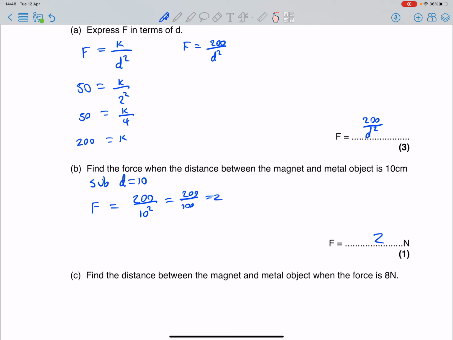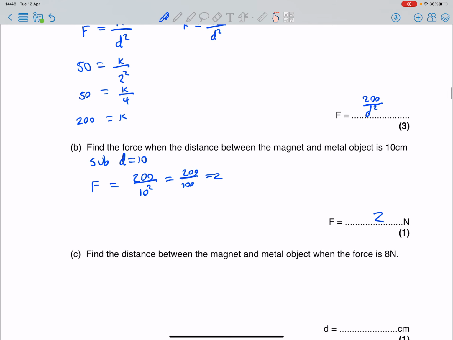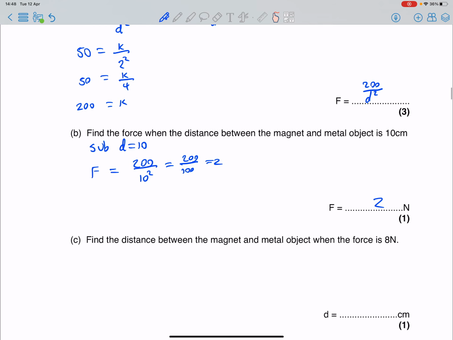And it says find the distance between the magnet and the metal object when the force is 8. So we substitute this time F for 8. So we write 8 equals 200 over d squared, which is our formula. And then what I'm going to do is multiply both sides by d squared, a bit like cross multiplication. So 8d squared is equal to 200.